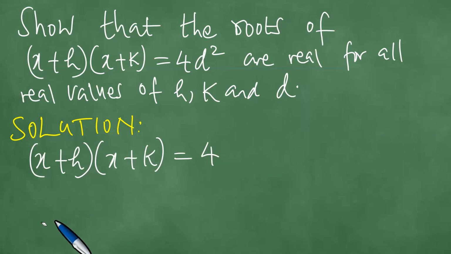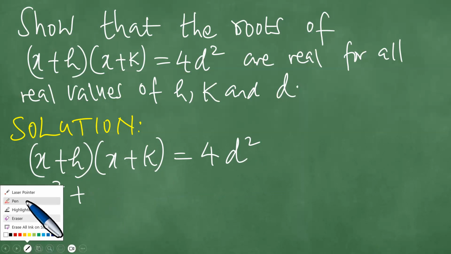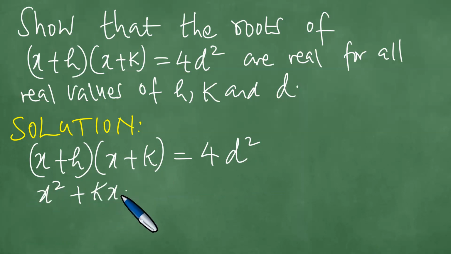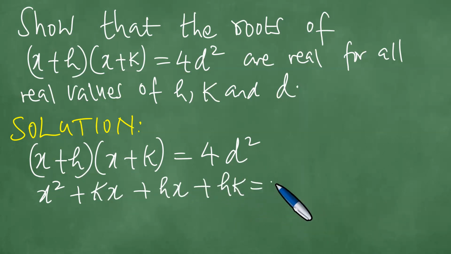Now we want to show that the roots are real for all real values, and multiply x by x, you get x squared. x by k, you get kx. h by x, you get hx. h by k, you get hk, which is 4d squared.